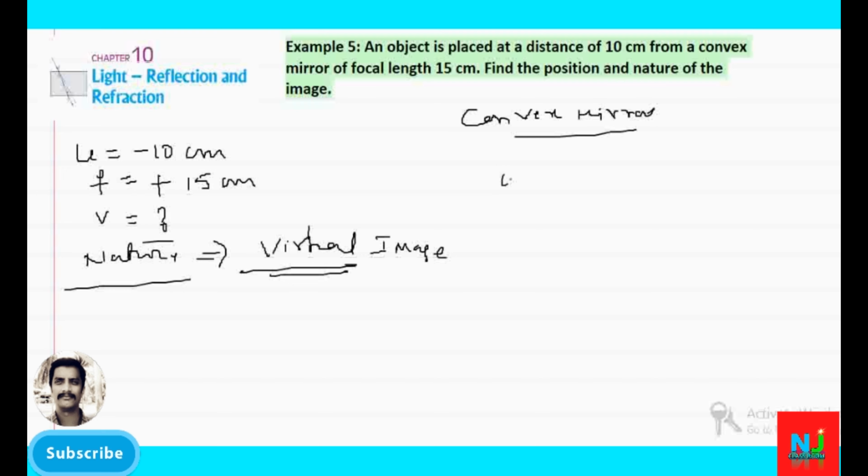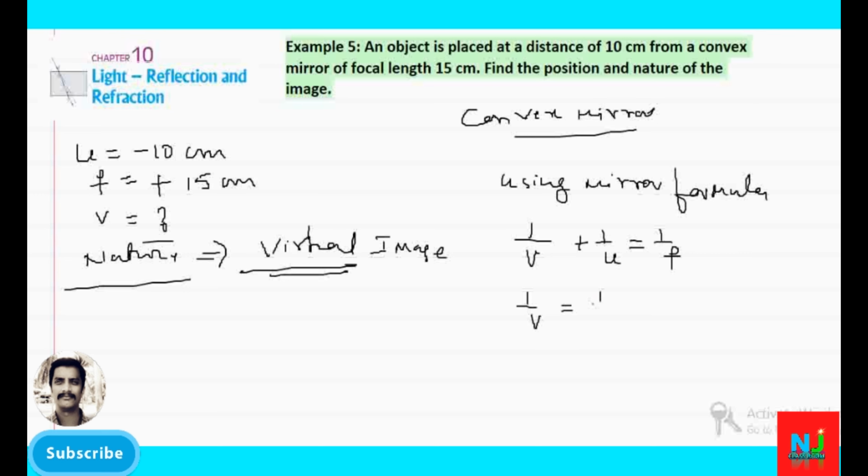What is the formula for finding that? Using the mirror formula, 1 by v plus 1 by u is equal to 1 by f. Very simple. 1 by v is to be calculated. Take 1 by u to the right hand side. Already 1 by f is here, minus of 1 by u.